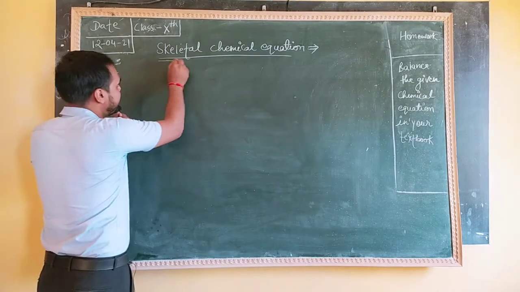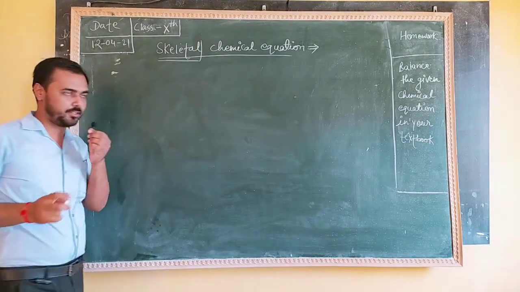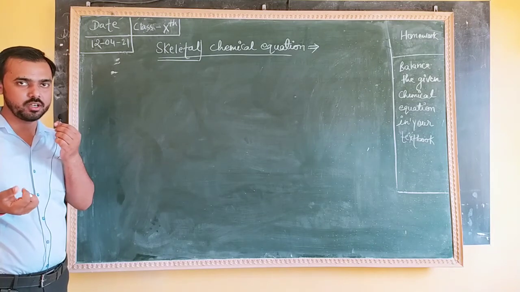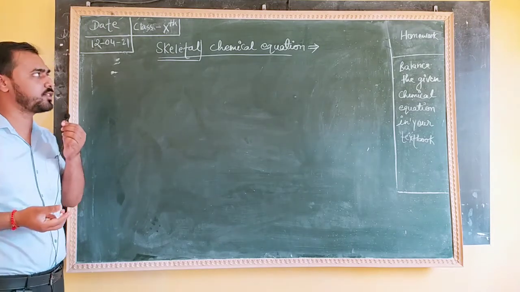This word is enough to understand what a skeletal is. You know what a skeletal is? A skeletal is just a framework of a human being, of any animal or any species, we can say.